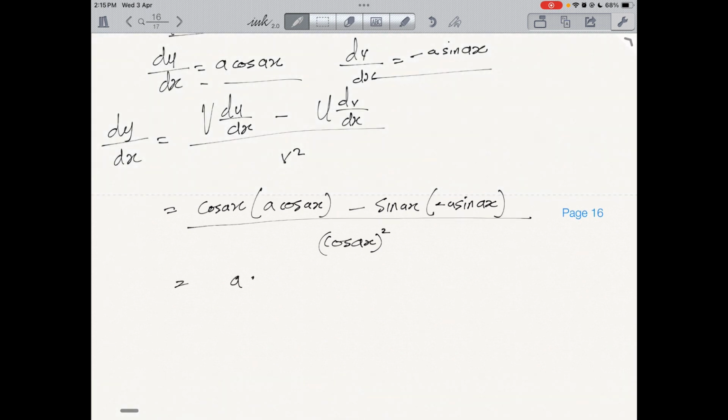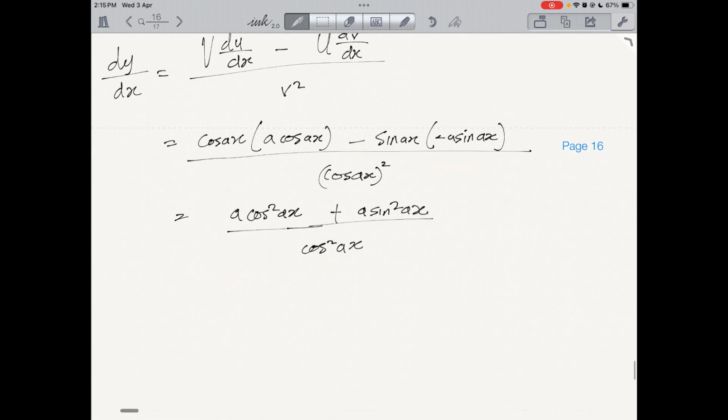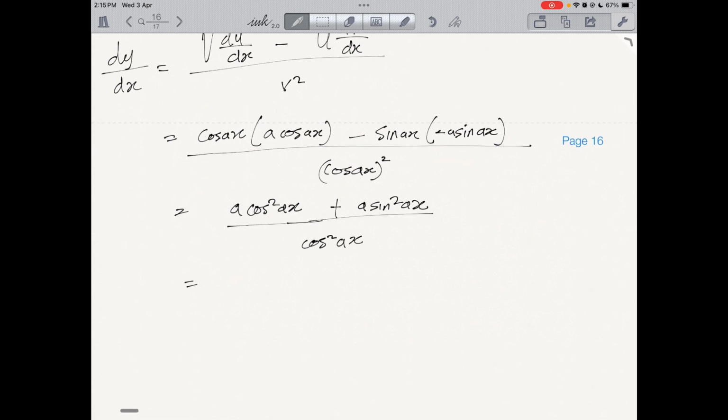This will give us a cos squared ax plus a sin squared ax, divided by cos squared ax. Now let's factorize the numerator by a. That's a into cos squared ax plus sin squared ax, divided by cos squared ax.